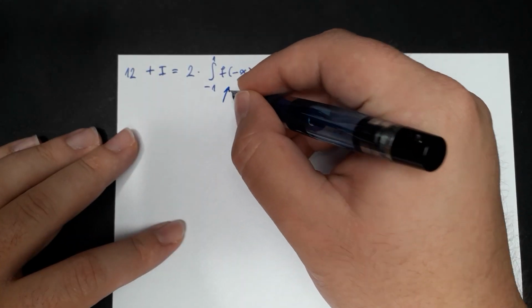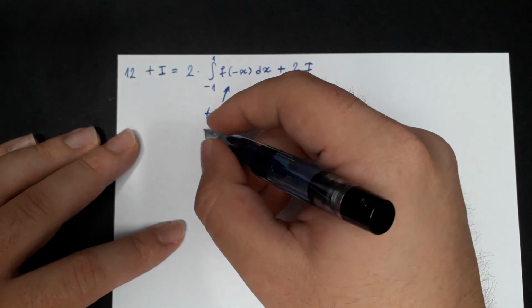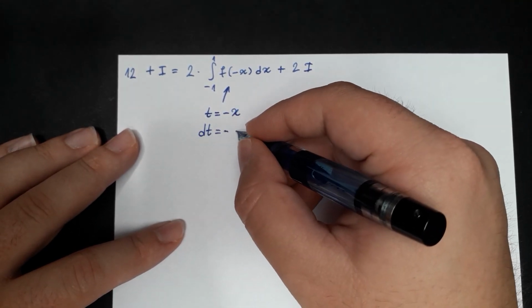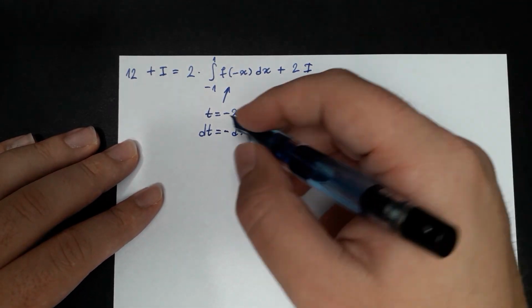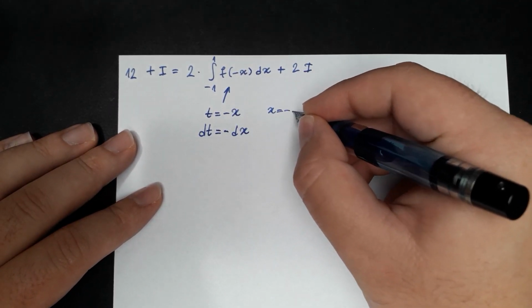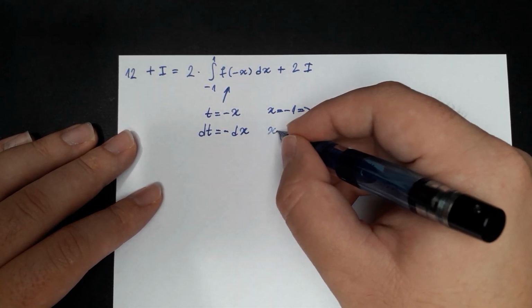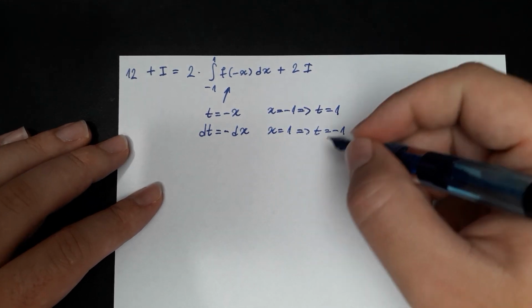Now, we can introduce a substitution in this integral as t is equal to negative x, and then the differential of t is equal to negative dx. Now, if x is equal to negative 1, that means that t is equal to 1, and if x is equal to 1, we get that t is equal to negative 1.